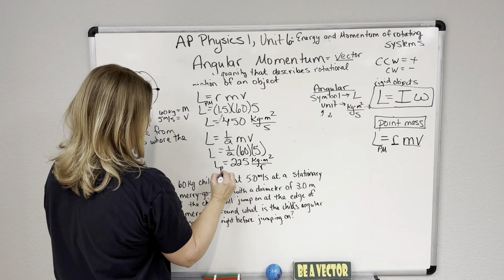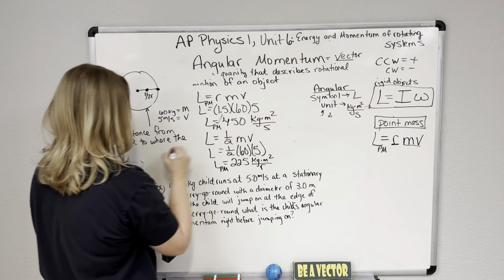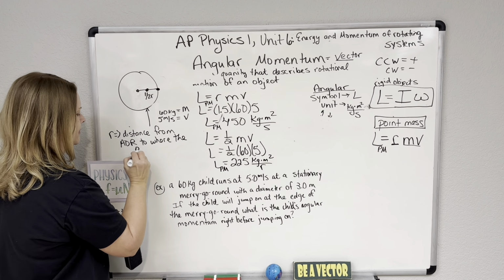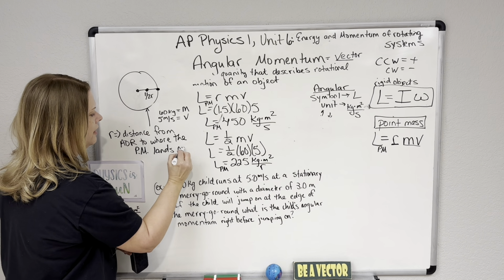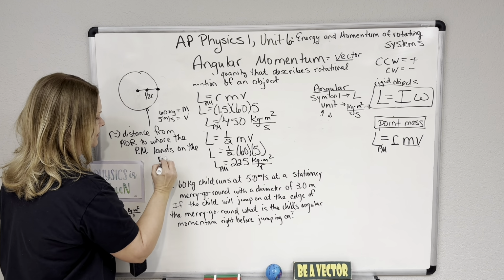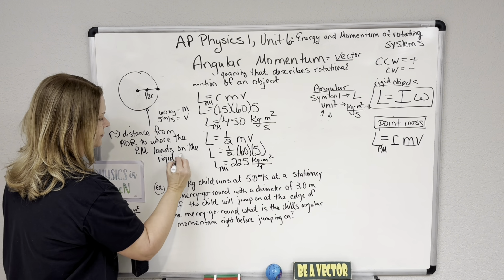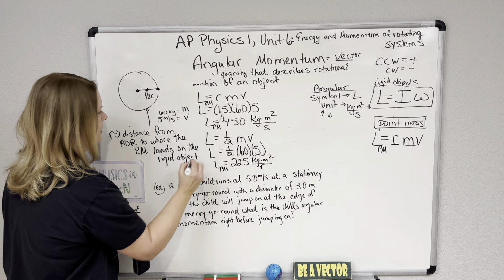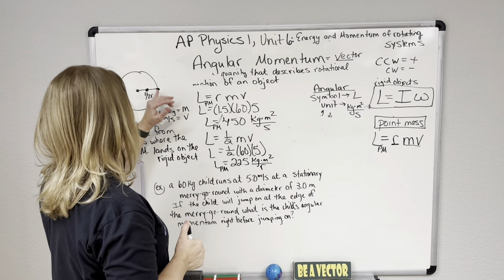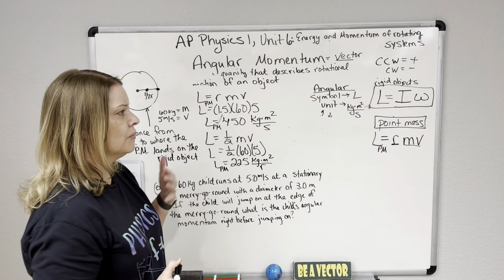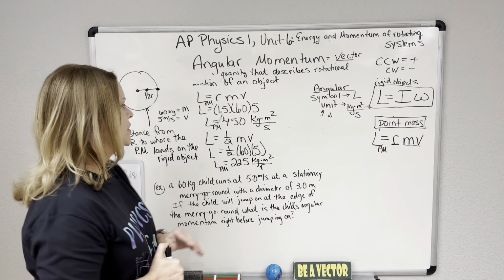I should not have gotten sloppy about that. Where the point mass lands on the rigid object. And again, something moving in a line can have angular momentum if you're actually referring to it in relationship to a rotating object with an axis of rotation.